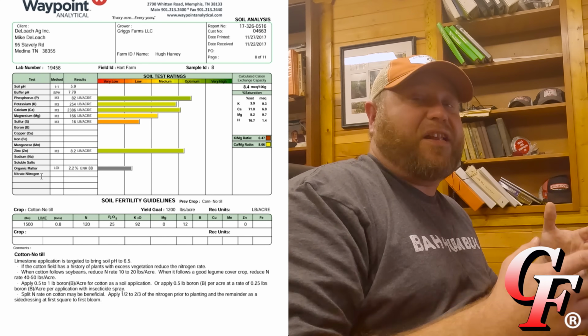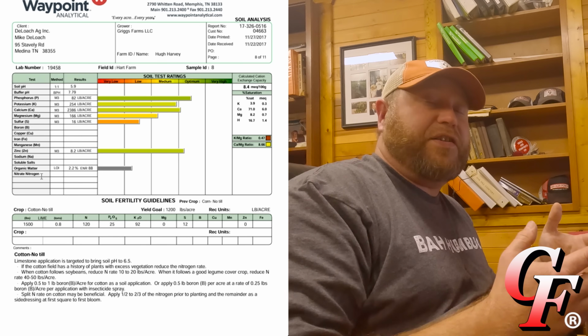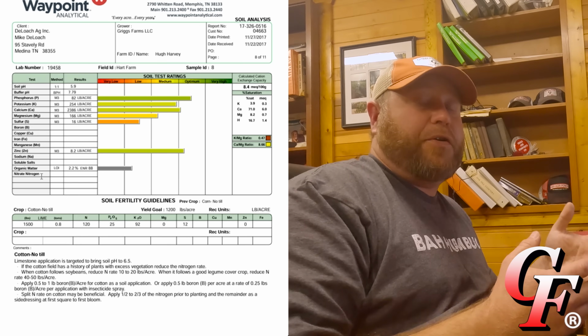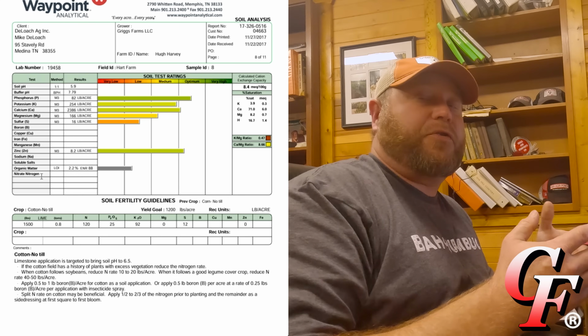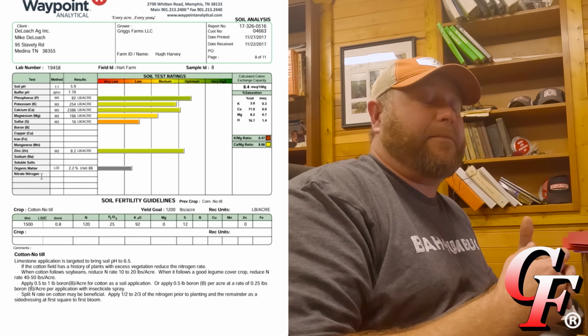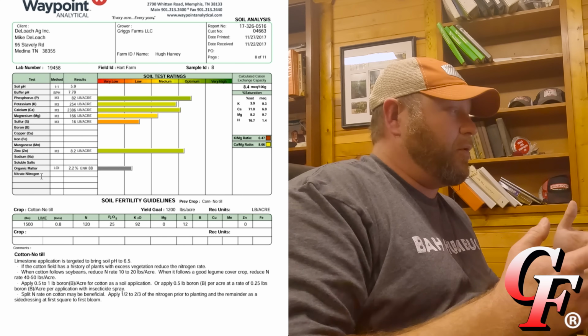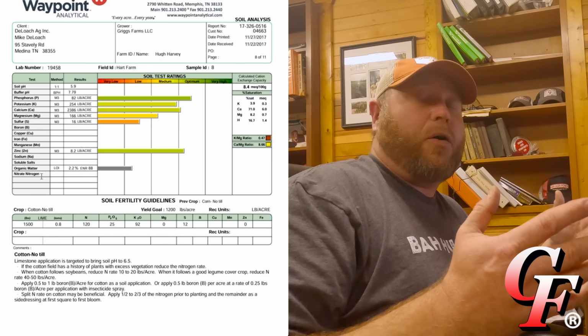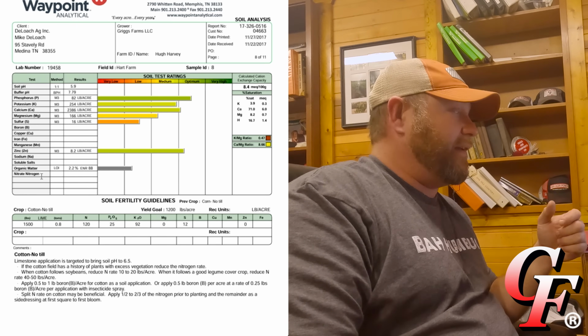Also, organic matter is like a sponge. The more organic matter you've got in your soil, the more water that your soil can store, giving you greater drought tolerance. And not only that, all the microbes growing in the soil feed off that organic matter. So the more microorganisms you got in the soil, the healthier your soil is, the better the whole biome in the soil works together to produce what plants need.